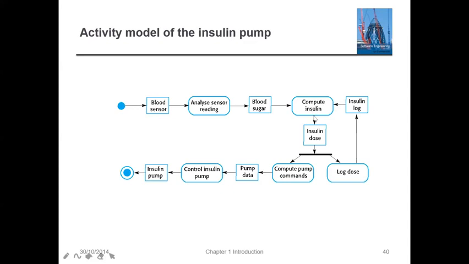Now this insulin dose, it has to compute the pump commands, like within 2 hours once or 4 hours once you have to give this. So these are the commands you are going to give. Whenever you are giving the commands, you have to write all these things in your log book. You have to write that we are going to give this medicine, this insulin, at this time, within 2 hours once or 4 hours once.